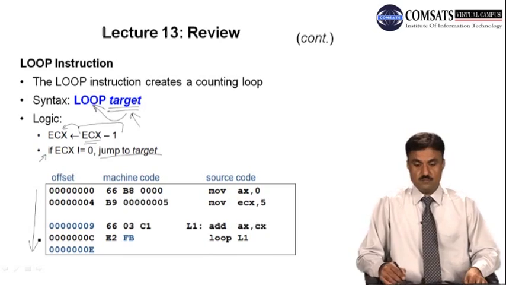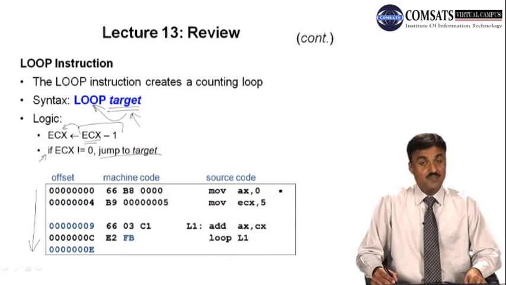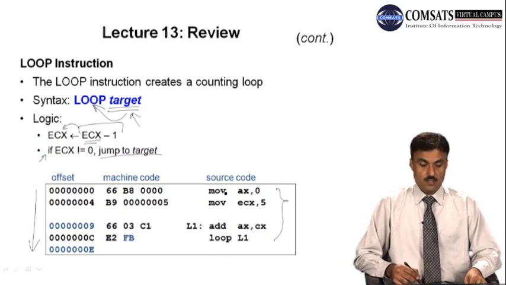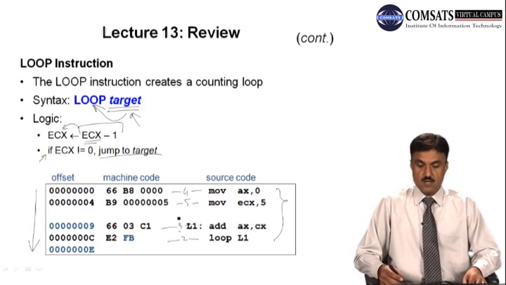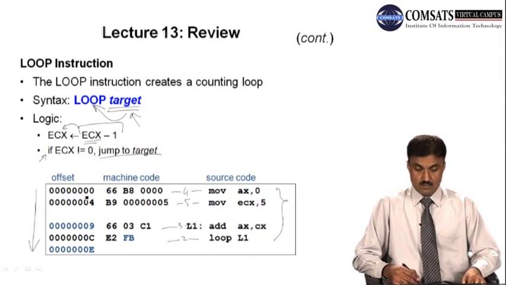In our previous lecture, we discussed these instructions, like this move AX, whose offset address is 0000. This instruction is a 4-byte instruction, this one is a 5-byte instruction, this one is a 3-byte instruction, and a 2-byte instruction, and so on. For example, the starting address is 000, and after these 4 bytes, the next instruction's starting address is 04.